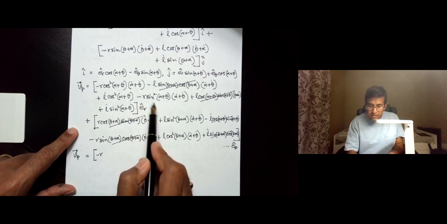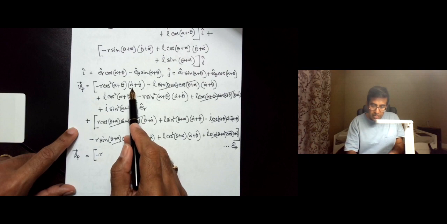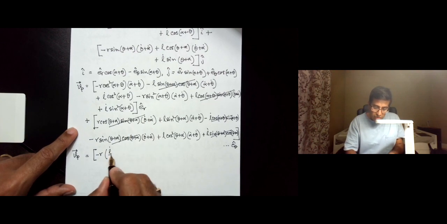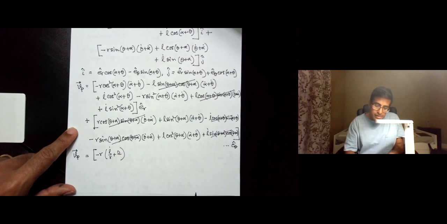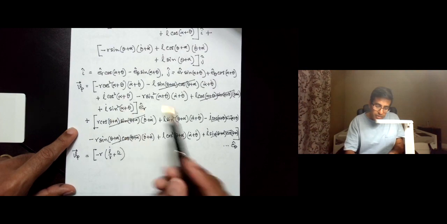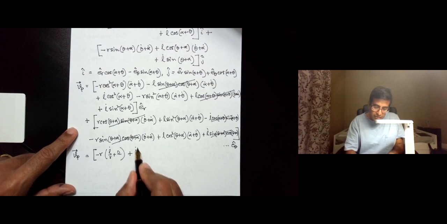So the cosine square and sine square are going to get added to give us 1. And let us now substitute for alpha dot plus theta dot, which is L dot over r plus capital omega. These two will also add up, so you'll get plus L dot.